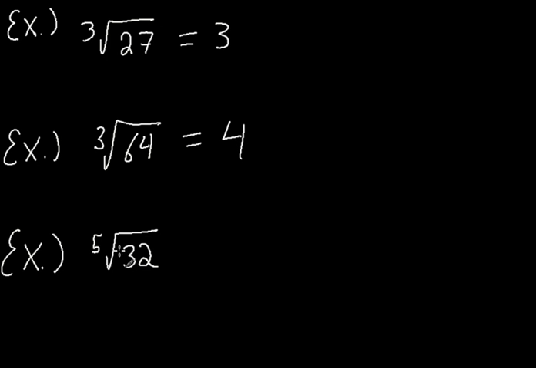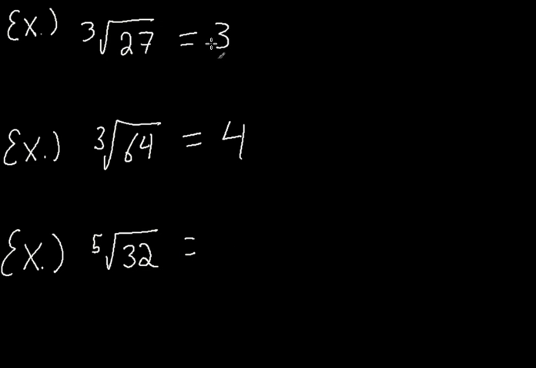Now, this example is the 5th root. So what number times itself 5 times is 32? You can either punch this in a calculator. Scientific calculators often have a way of inputting this information, but by hand, how will we do it? Let's try 2. 2 times 2 is 4.